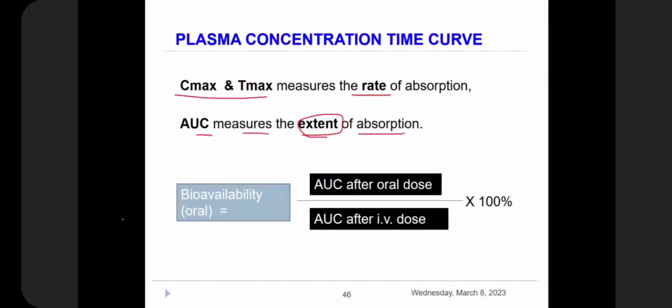Now, let's see, bioavailability is equal to the AUC after oral divided by the AUC after IV. Because for the AUC after IV, we know the bioavailability is 100%. So this is equal to the total extent of drug in the body.